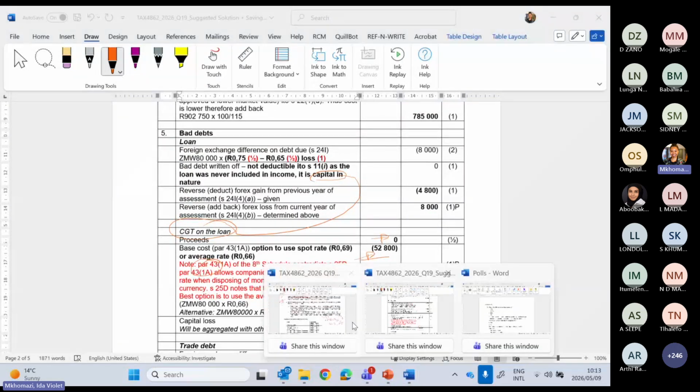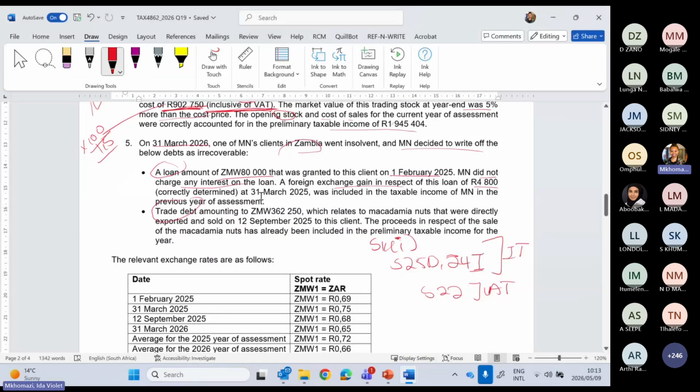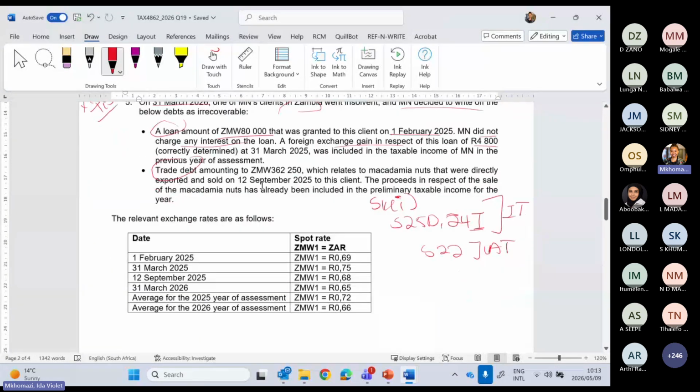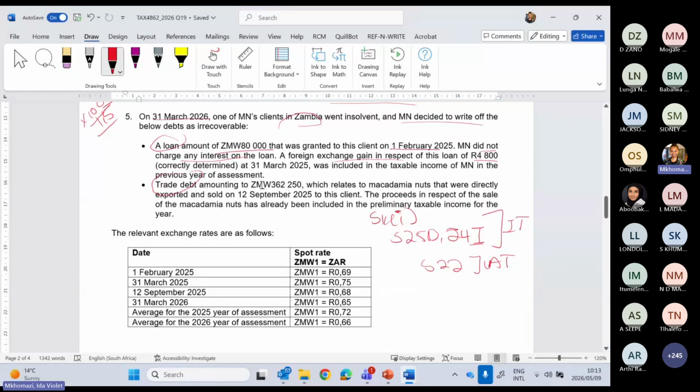So we have dealt with the bad debt aspect of the loan. But there's also a foreign transaction that we need to consider for the loan. So this loan will have a foreign exchange difference between the first translation date, which is the end of the previous year of assessment, and the second translation date, which is the end of the current year of assessment, right?